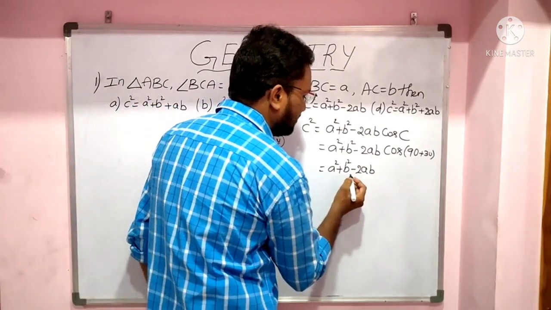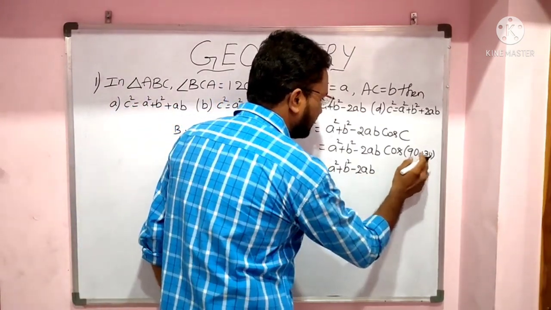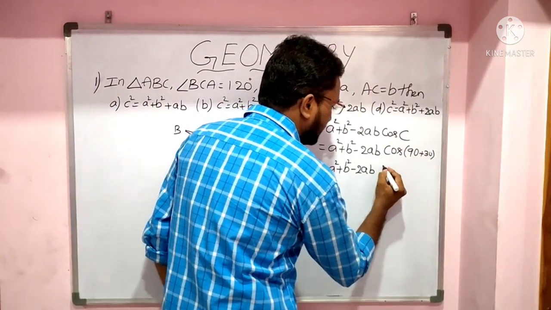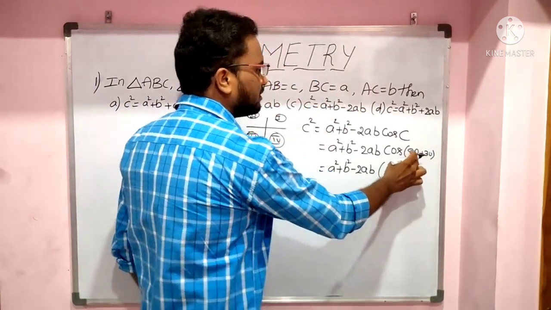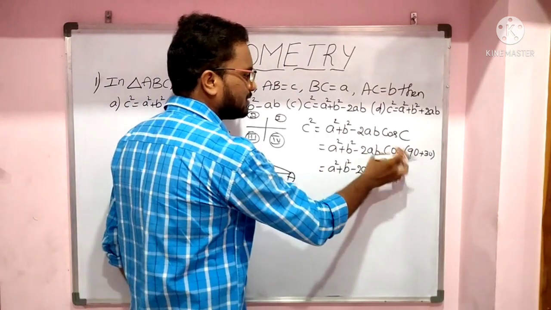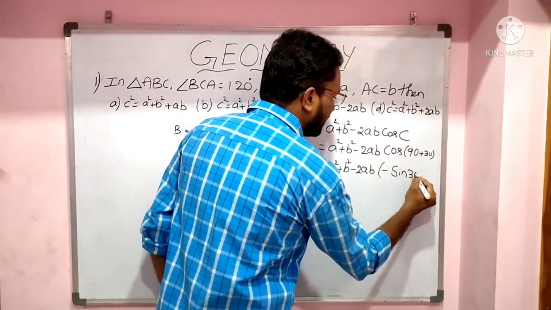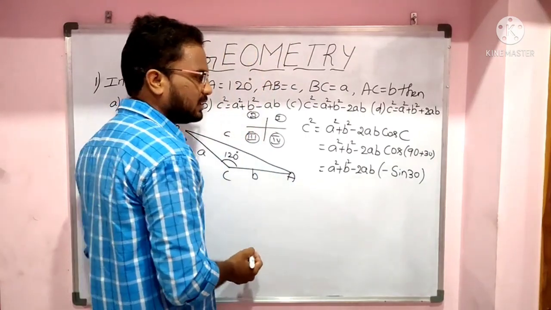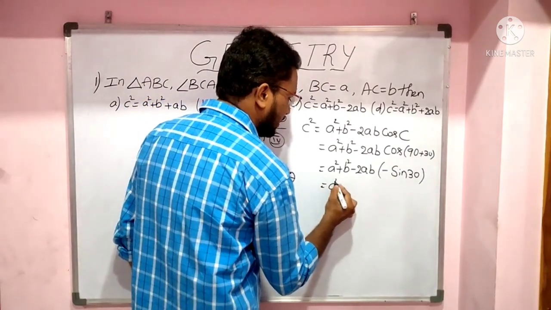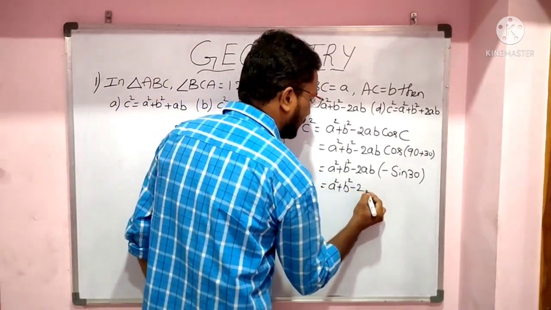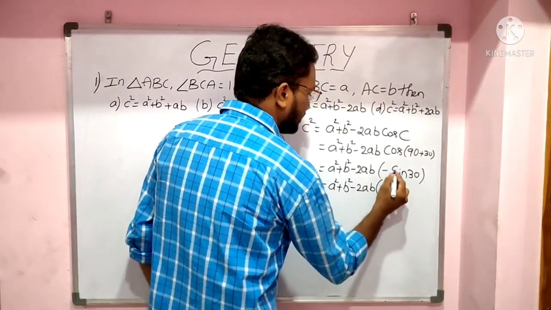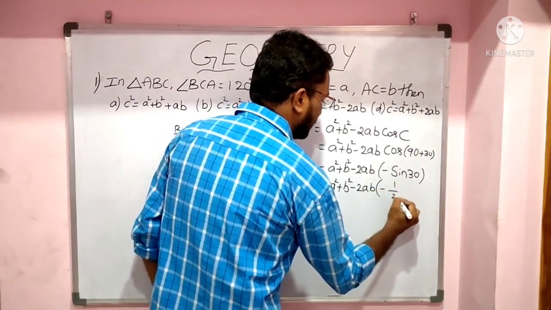So a square plus b square minus 2ab cos of 90 plus theta. Cos of 90 plus theta: since it is 90, we should change the function. Cos becomes sine, so minus sin 30. So a square plus b square minus 2ab into sin 30, whose value is 1 by 2.